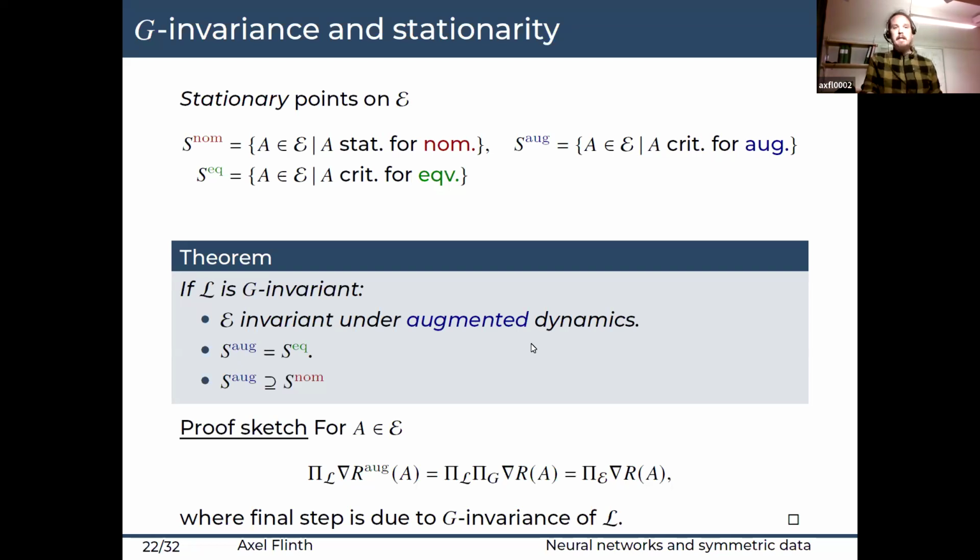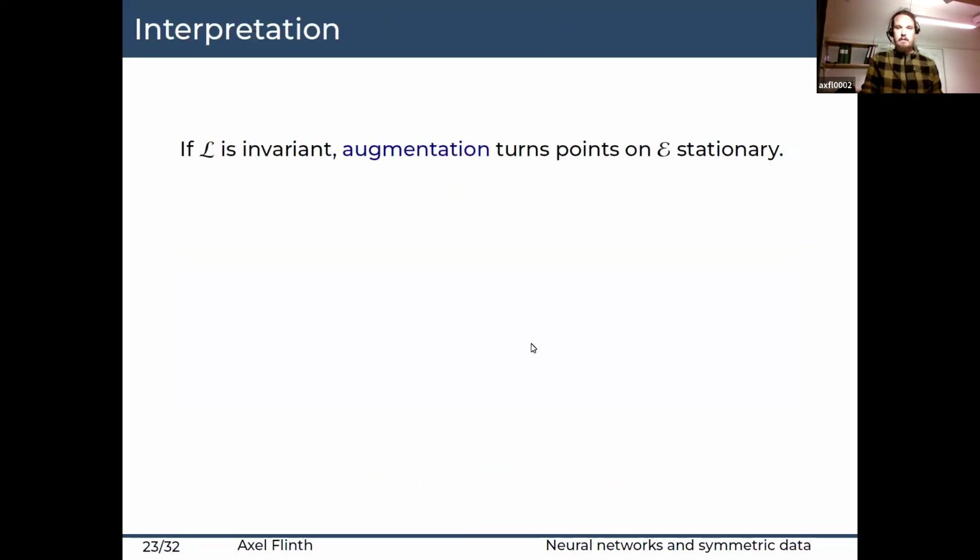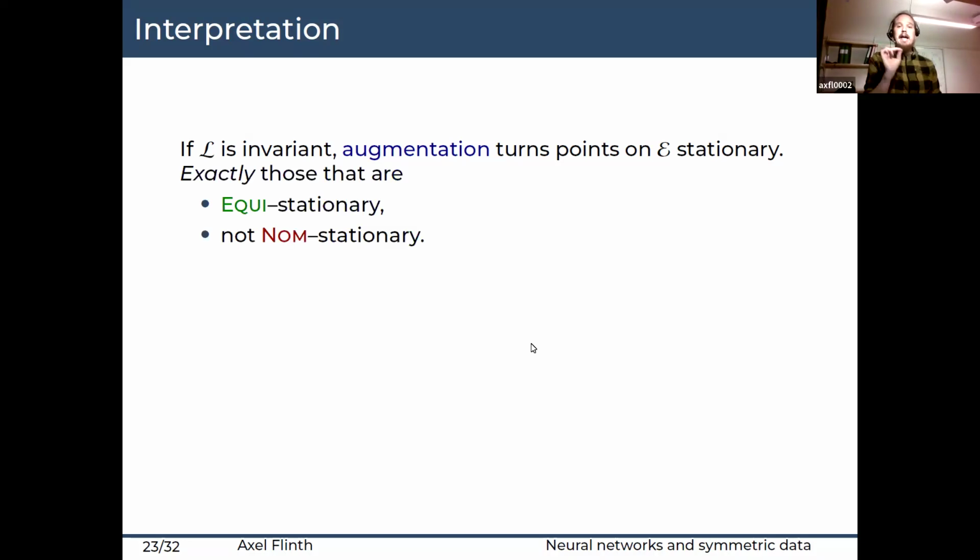Now, I've tried to be really careful here and only say things about stationarity. The interpretation is what I said. When I turn on my augmentation, I will turn points on my equivariant space stationary. However, those are exactly those that are also stationary under my equivariant flow, but were not stationary under my nominal flow.